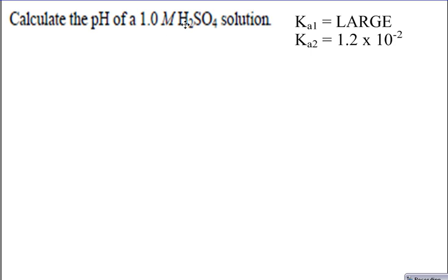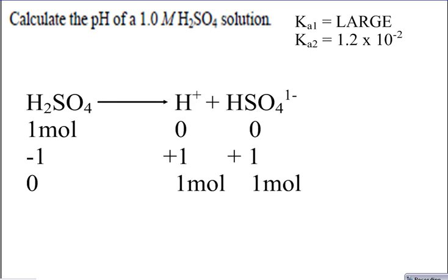So for sulfuric acid, we're going to end up with 1 hydrogen. I'll go ahead and show that now actually on a rice table. So we know that the concentration of hydrogen ions is 1 molar. We know that pH is negative log of that, so negative log of 1 is 0.